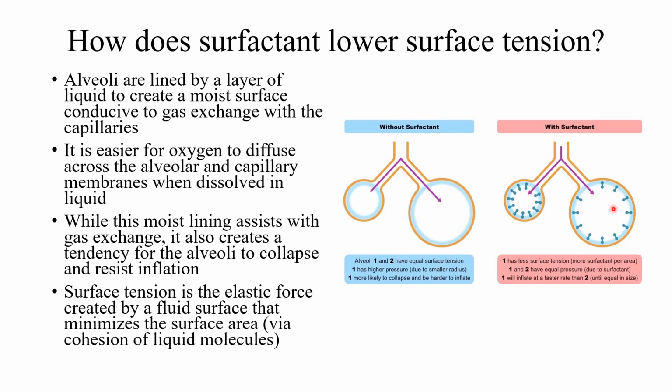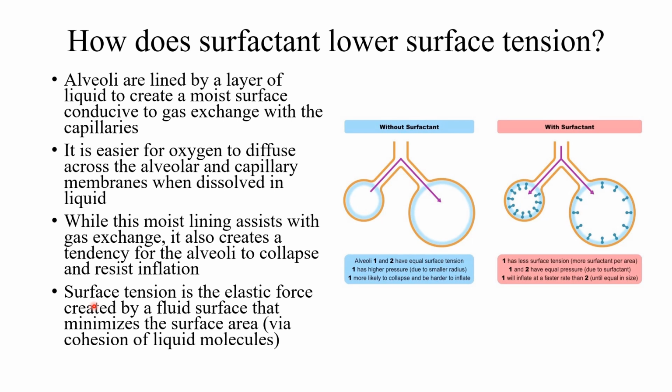I want you to relate this to what we saw at the beginning of the video with Noah. He was struggling to breathe and his chest kept rising because he required a lot of pressure to push air into his alveoli, as he did not have surfactant.